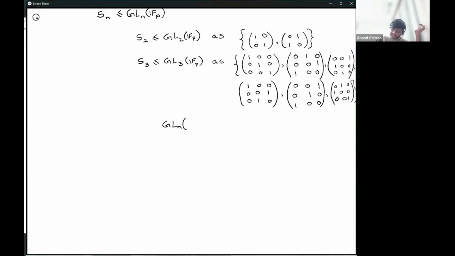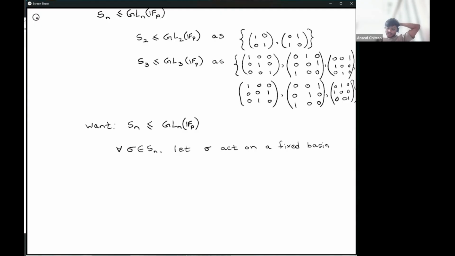GLn of a field, doesn't matter what field it is, Fp or R. You want to realize Sn as a subgroup of GLn(Fp). So what you do is, given any sigma inside Sn, you let sigma act on a fixed basis of the n-dimensional vector space Fp power n over Fp.